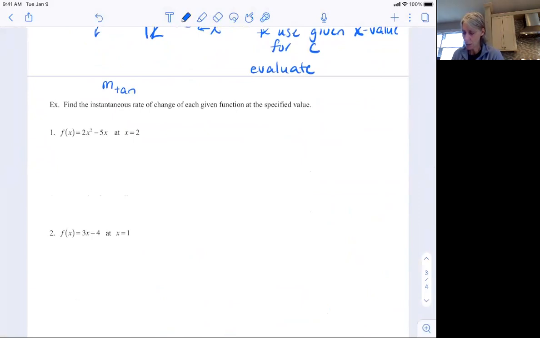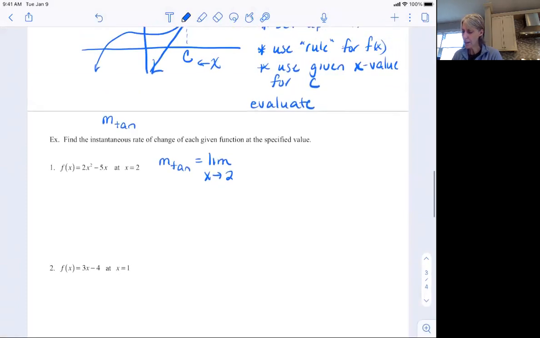f(x) equals 2x squared minus 5x at x equals 2. So the slope of the tangent line is going to be the limit as x approaches 2 of f(x), my given function, 2x squared minus 5x. Now I'm going to plug 2 into this function.